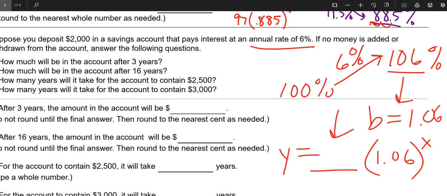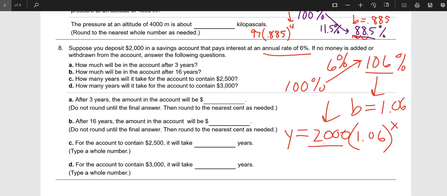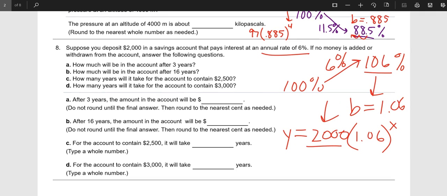What should go here? 2,000, right? That's the starting amount. Remember, in the story problem situations, that A value is the starting amount. Now, they say things like, well, how much money will be in there after 3 years? How much will be in after 16 years? I know you're more than capable of doing that because you can plug in values.